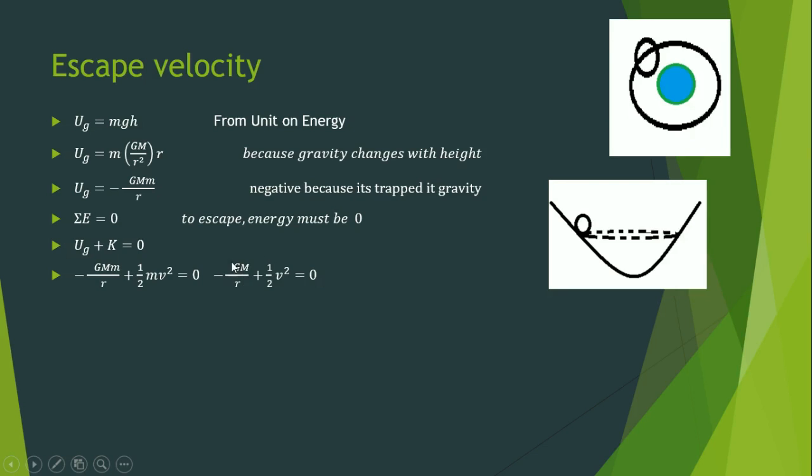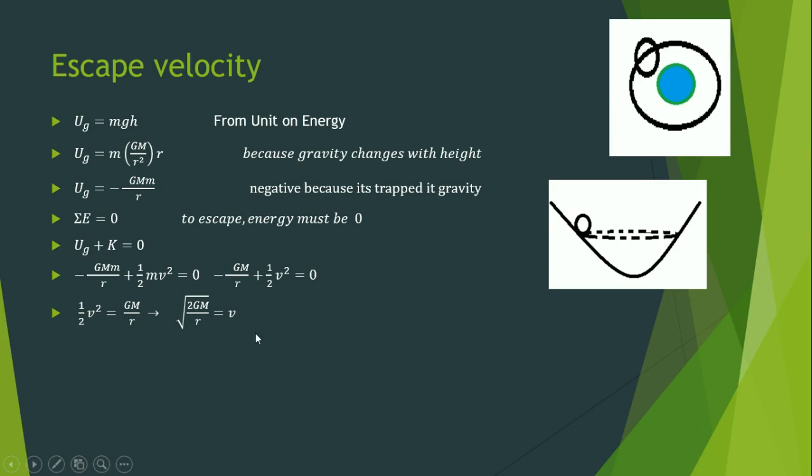So now we want to solve for velocity. We move everything to the other side. First we move this little part by adding it to the other side. Then we multiply by 2, like this. And then because it's v squared, we just take a square root.